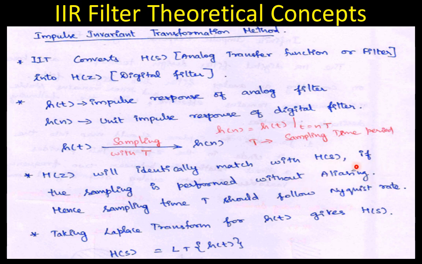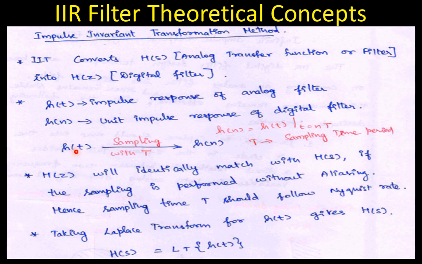This drawback can be avoided if we use the Nyquist criteria while doing the sampling process. Let me explain it. The maximum frequency present in H of t is called F max. While you do sampling, the sampling frequency should be greater than or equal to twice the maximum frequency of the continuous time signal. So this is called the Nyquist criteria.